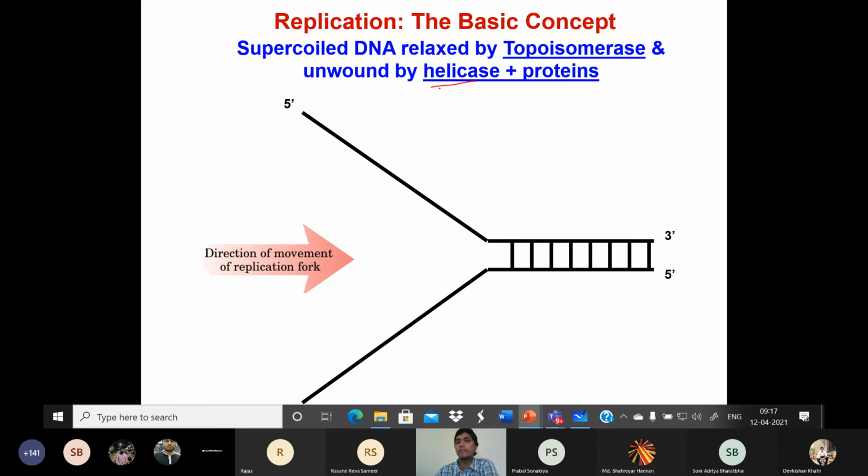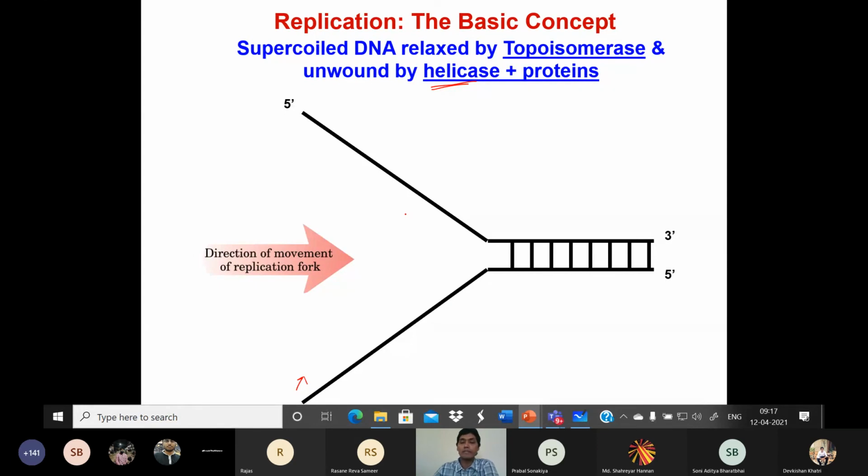So this is an enzyme that breaks this hydrogen bond, so that at room temperature the DNA can become single stranded. And then the synthesis will start. So now the question is, what is supercoiling and how does topoisomerase actually help?